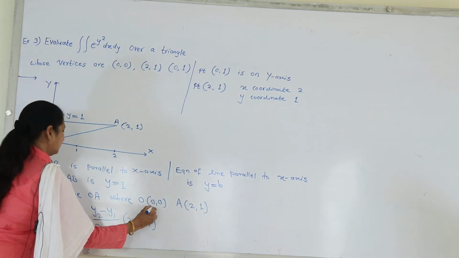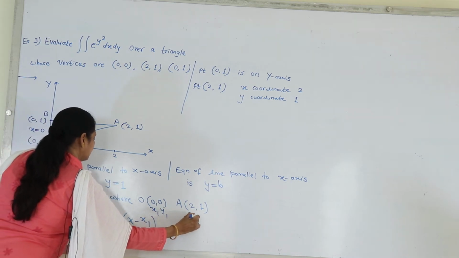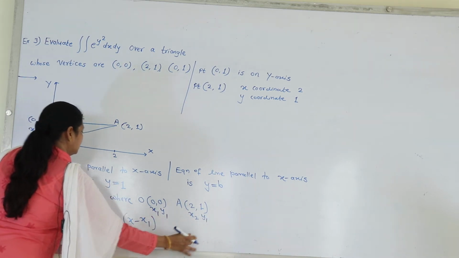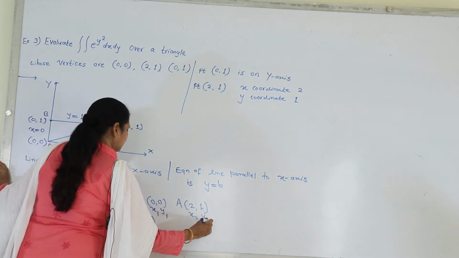Now here x1 is 0, y1 is 0, x2 is 2 and y2 is 1.